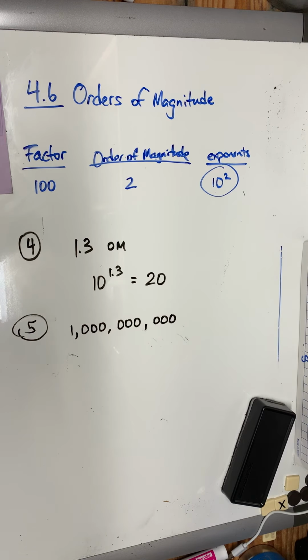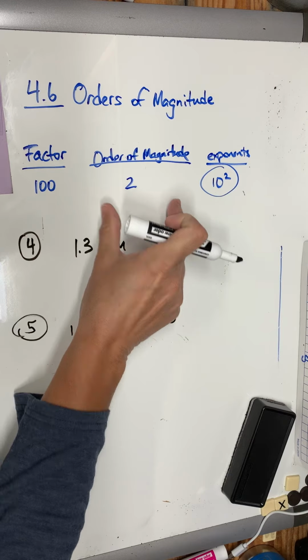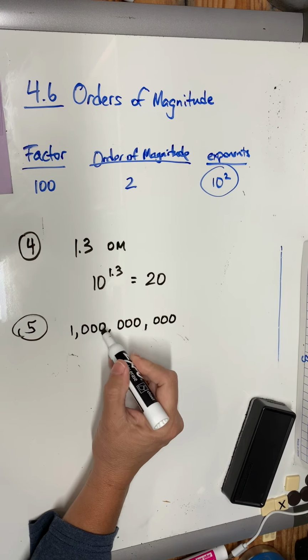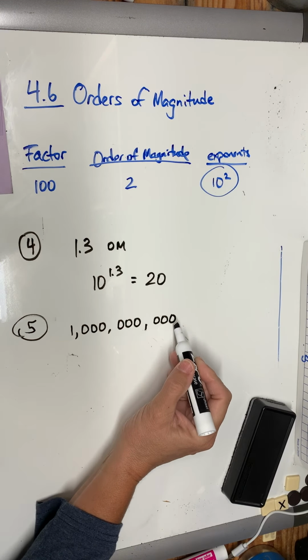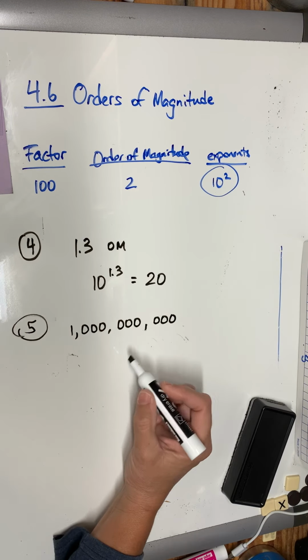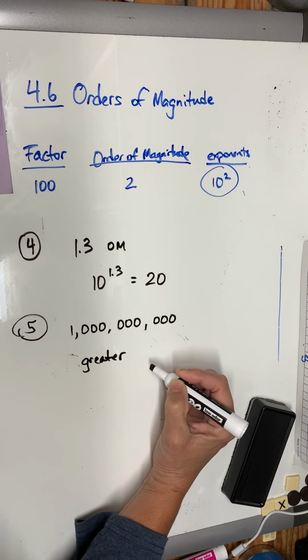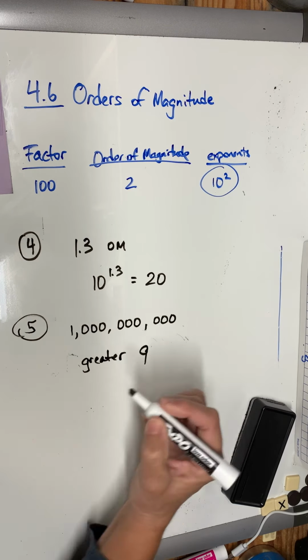By how many orders of magnitude do the objects differ? So they gave me the factor 1 billion. They're asking for the orders of magnitude. So that's 1, 2, 3, 4, 5, 6, 7, 8, 9. So my answer will be 9. The mass of the object, because it's this much bigger, is going to be greater by 9 orders of magnitude.